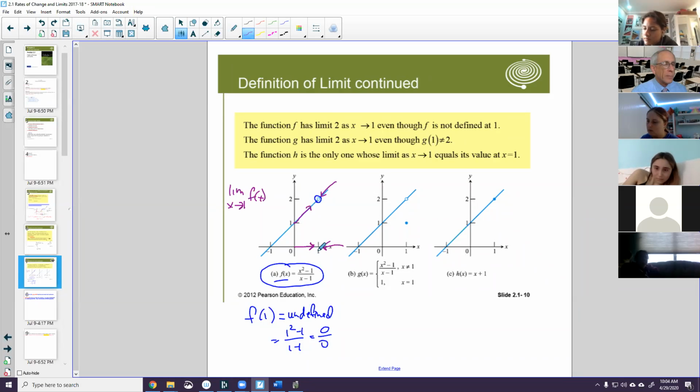Is it 2? Indeed it is. It's 2. That is my limit. F of 1, evaluating this function at 1, is undefined. But I can find the limit as x approaches 1, and that limit is this y value 2.